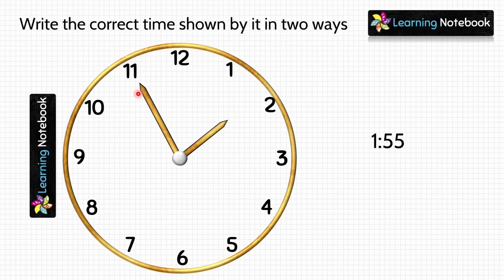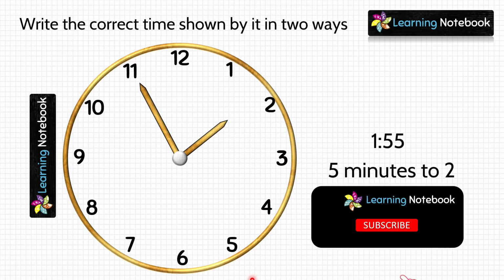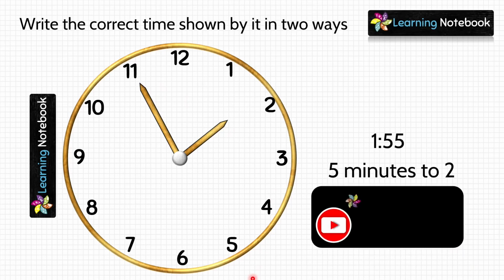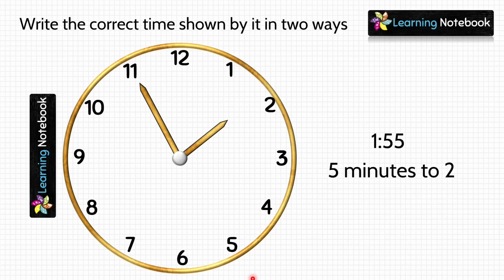So we say the time is 1:55. Now students, how many minutes are remaining to the next hour, which is 2? Only 5 minutes are remaining. So we will read this time as 5 minutes to 2. So in this way we have read this time in two ways.